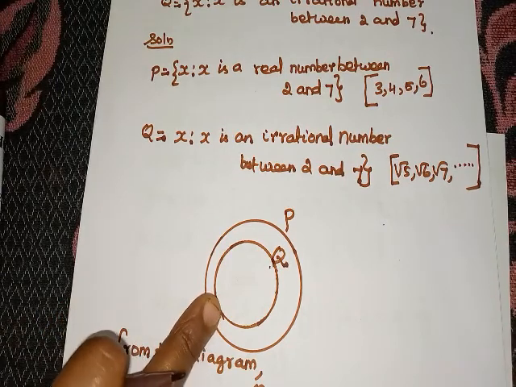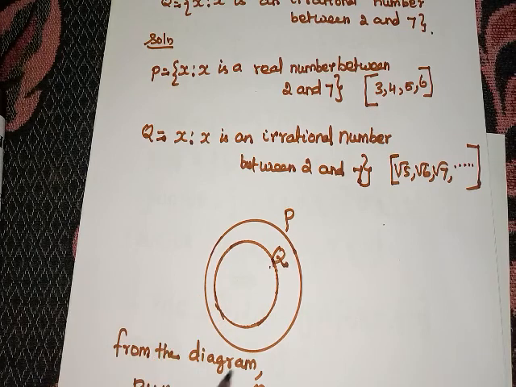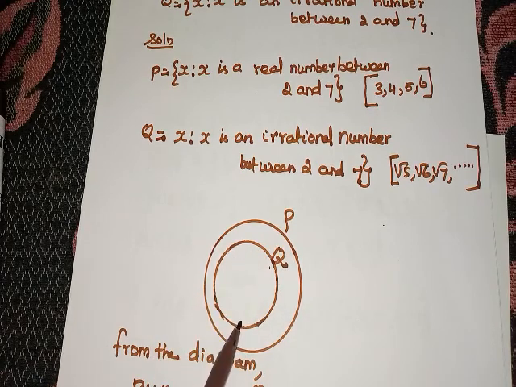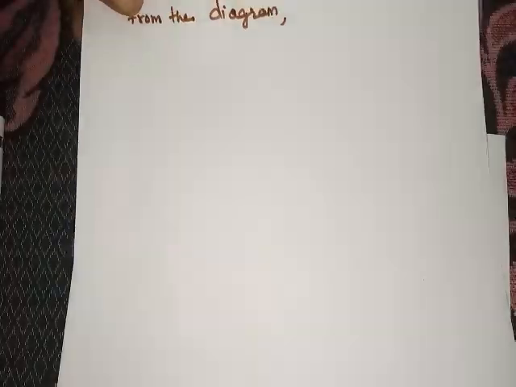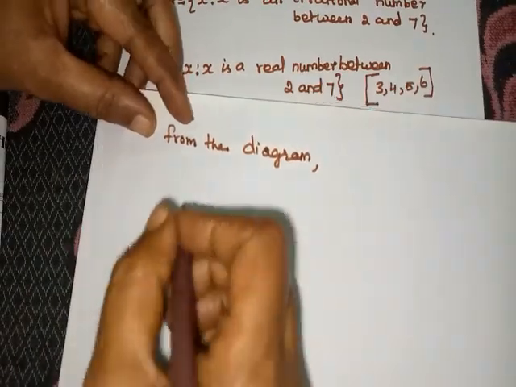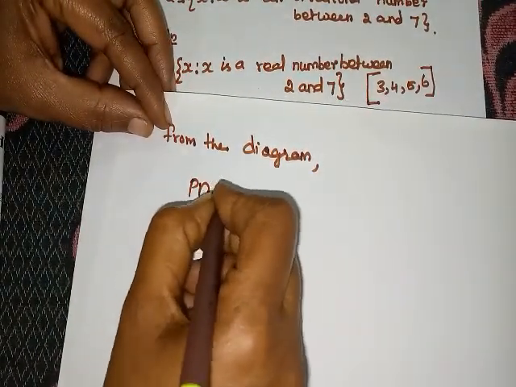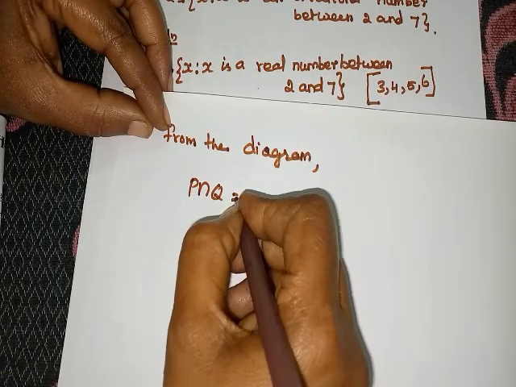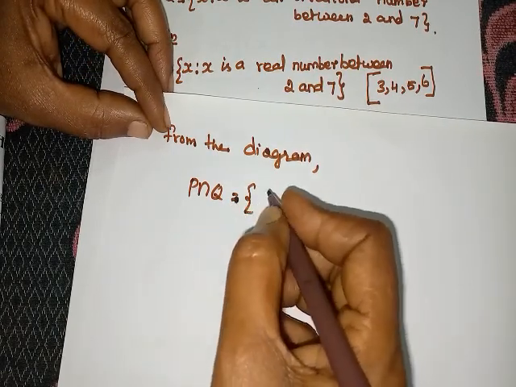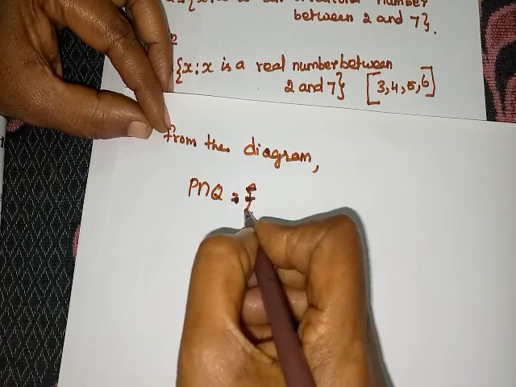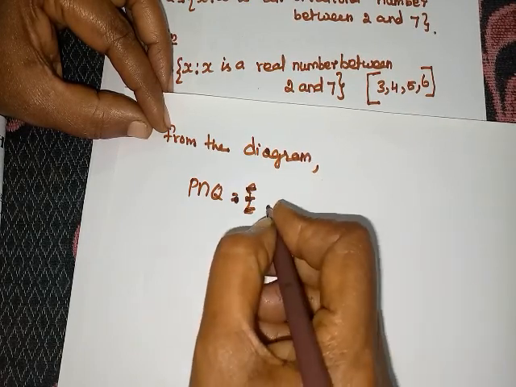We need P intersection Q. If you find P intersection Q, you will get the common part, the smaller set. For example, P is equal to {1, 2, 3, 4} and Q is equal to {1, 2}. The common part is {1, 2}, which is the Q set. Like that, from the diagram, P intersection Q is equal to the smaller set, Q.